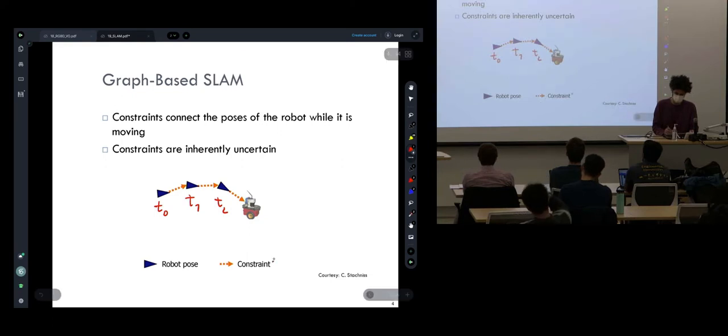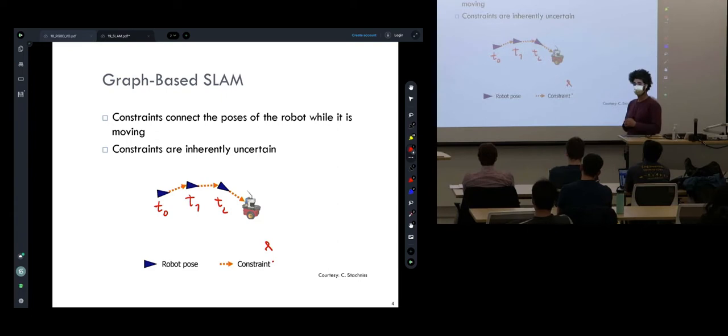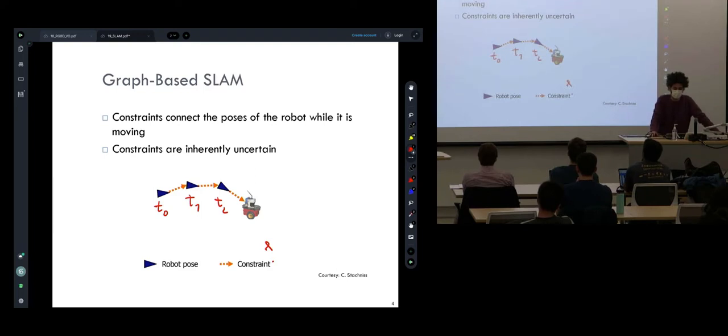What are the examples of this constraint that we can add? Based on everything you learned so far, how can we establish a constraint between two robot poses at two consecutive time steps? A transformation. Where does it come from? Poses.